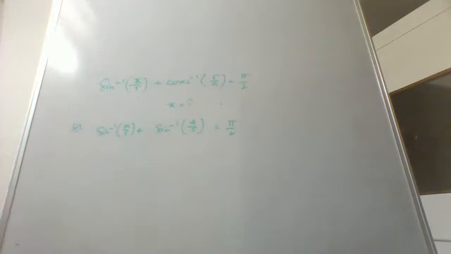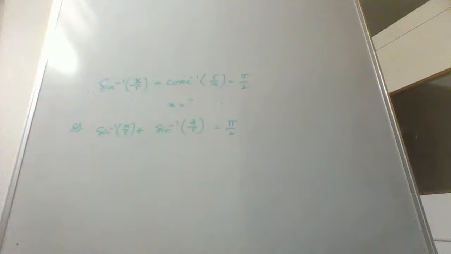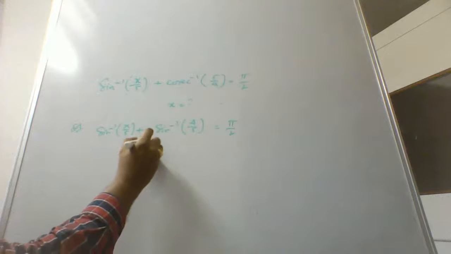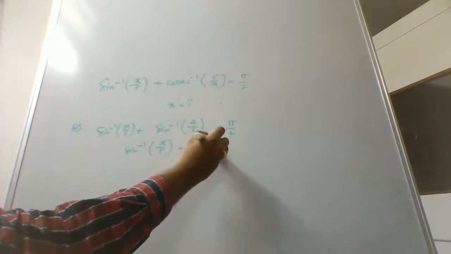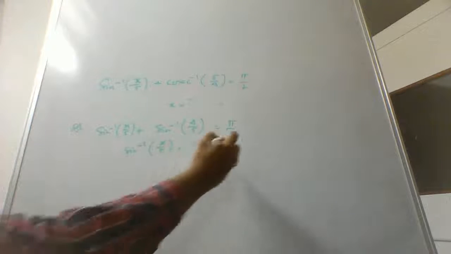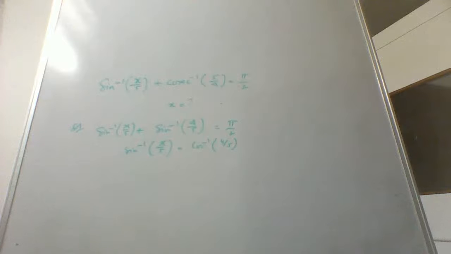Solution for this: I can again rewrite this as sine inverse of x by 5, and this is cos inverse of 4 by 5, if I take it and try to simplify that.